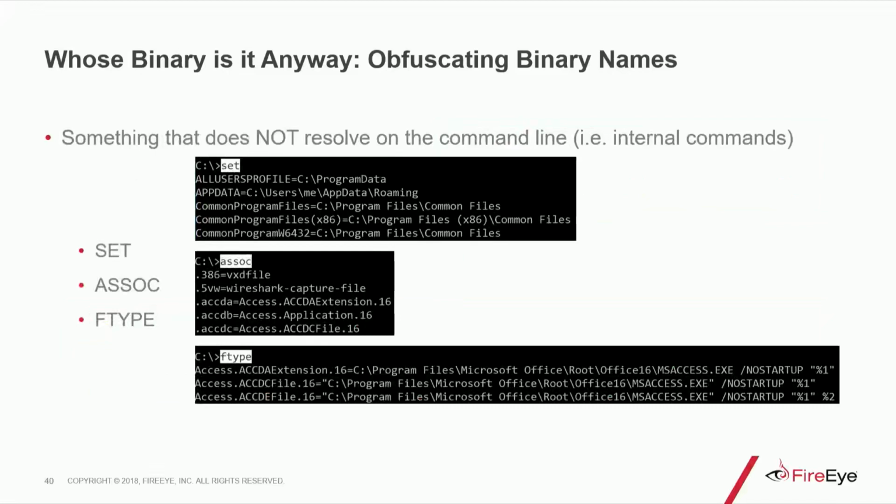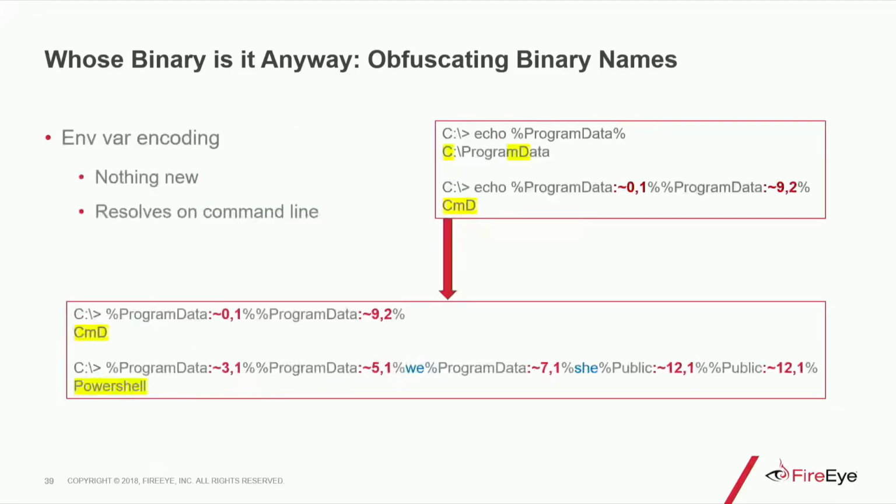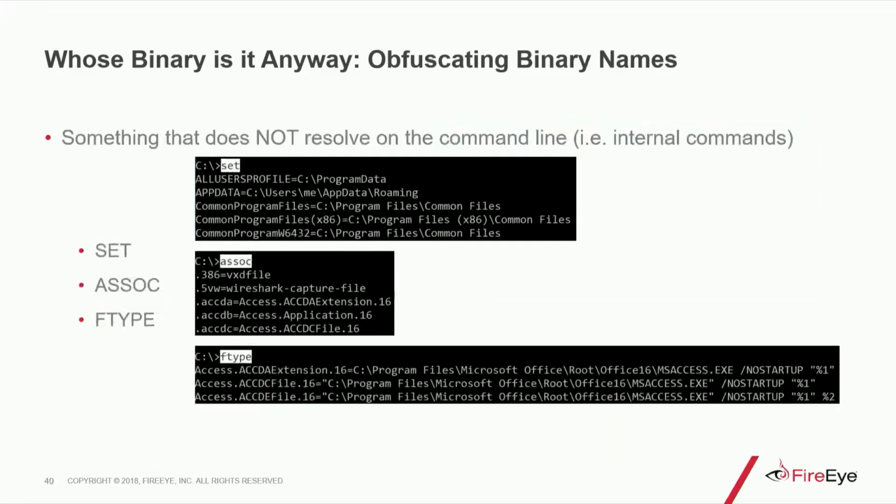However, I wanted something that didn't resolve on the command line, because if you copy and paste this into the command prompt or run it through like WScript shell, when you actually see the command that runs, it's deobfuscated. However, there are ways that you can produce the string command in PowerShell without it actually being resolved in that initial command. So set, assoc, and ftype.